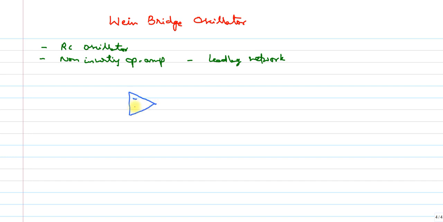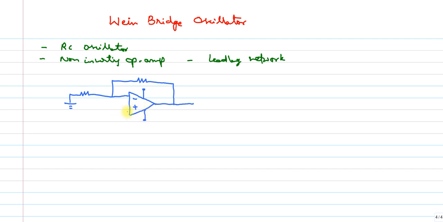This is a non-inverting op-amp, with plus and minus inputs. From this one a resistor is connected like this, and this is connected to ground. This is the output, and it is connected to one more resistor connected to this part. These are called offsets.